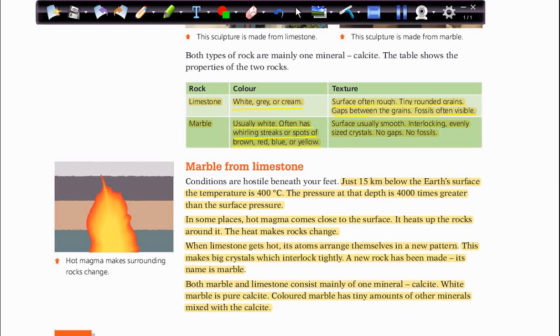But the marble, the surface usually smooth, interlocking, evenly sized crystals, no gaps, no fossils. If we touch the marble, we can feel it smooth. There is nothing in it, and it's very hard. This is because it's formed from interlocking crystals.